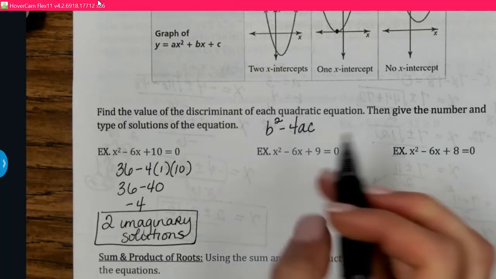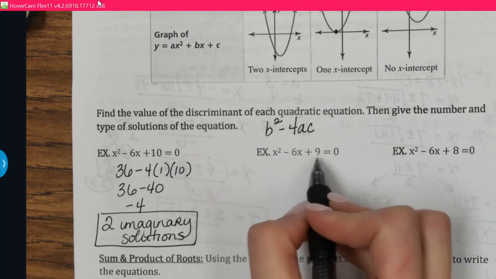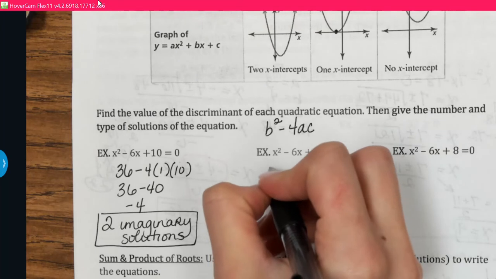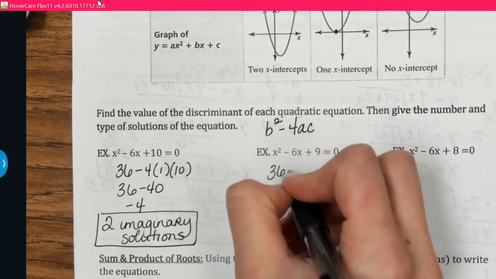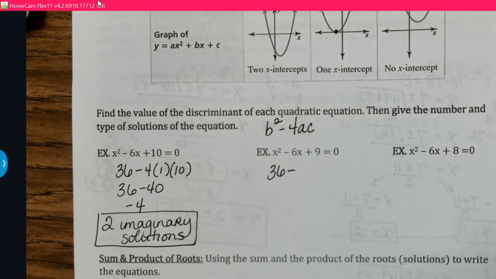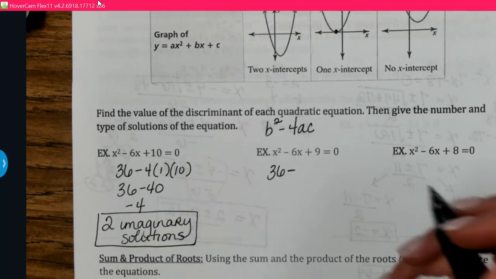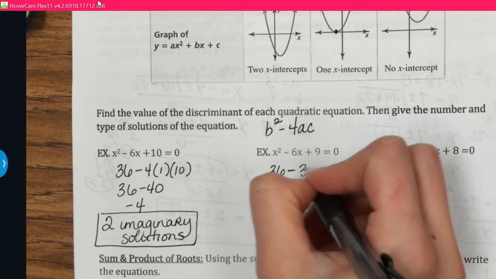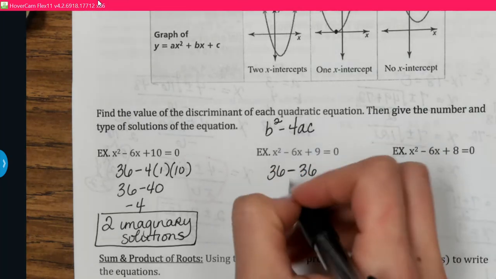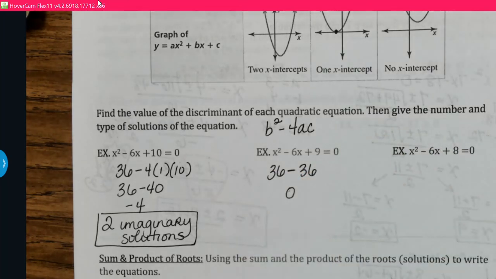Okay, so now I've got x squared minus 6x plus 9 equals 0. So my b squared happens to be 36 again, minus 4 times my a, which is 1, times my c, which is 9, would be 36, which gives me 0. How many and what type?